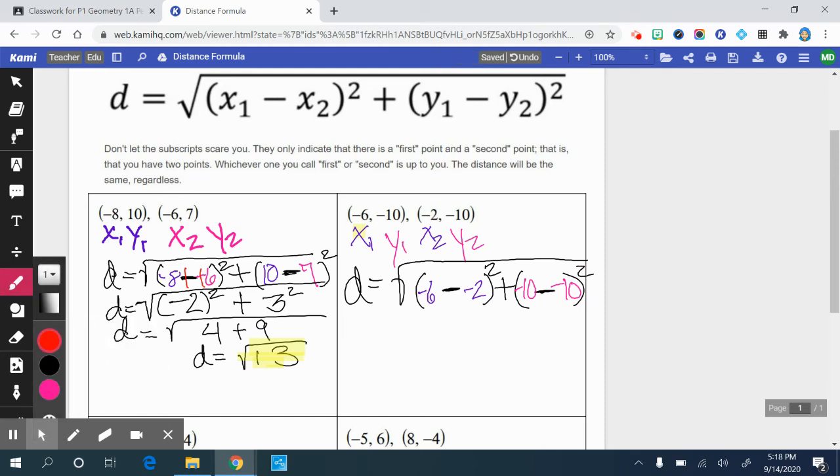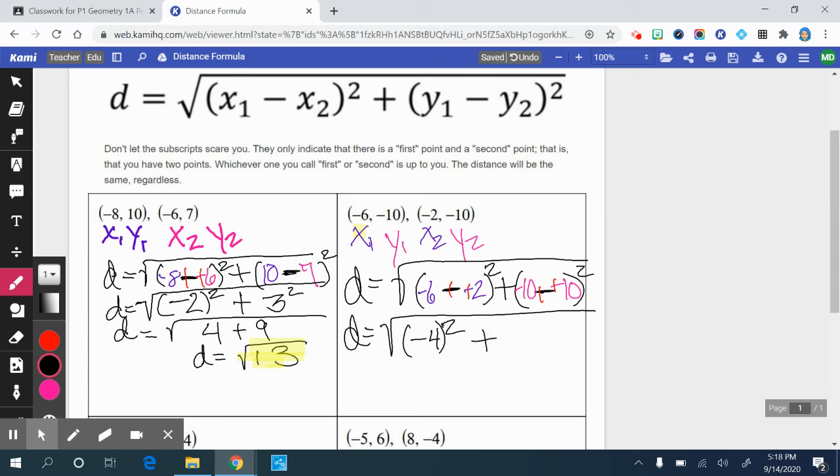When you have subtraction and then a minus sign, you're going to change it to adding the opposite. I can do that here as well. So the distance is the square root of negative 6 plus positive 2, which is negative 4, and that's squared with parentheses around it.